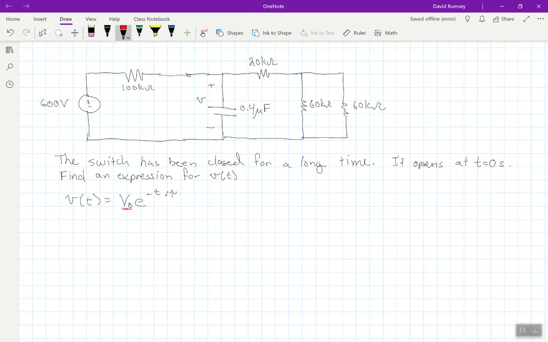First thing to remember is that the switch is closed, so that's just a wire there. But a capacitor, when charged, acts as an open. So there's really an open circuit here right now.